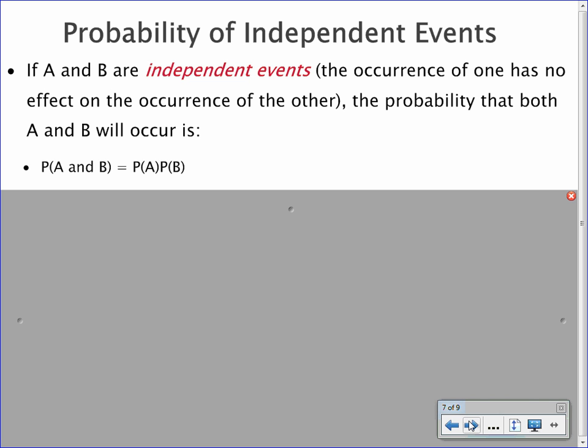Then, if we have dependent events, then the probability of B has to be adjusted. The probability of B given that A already happened.